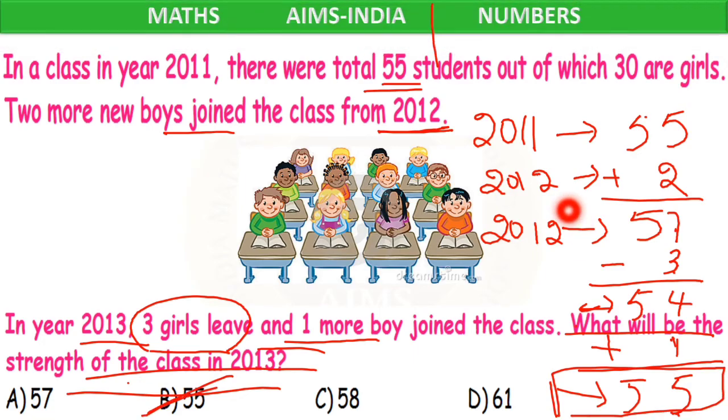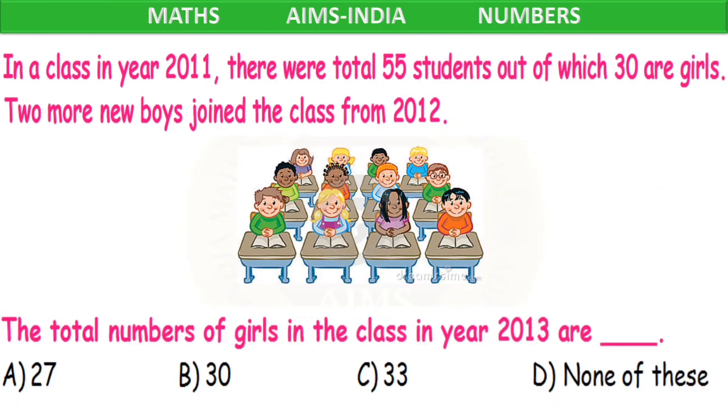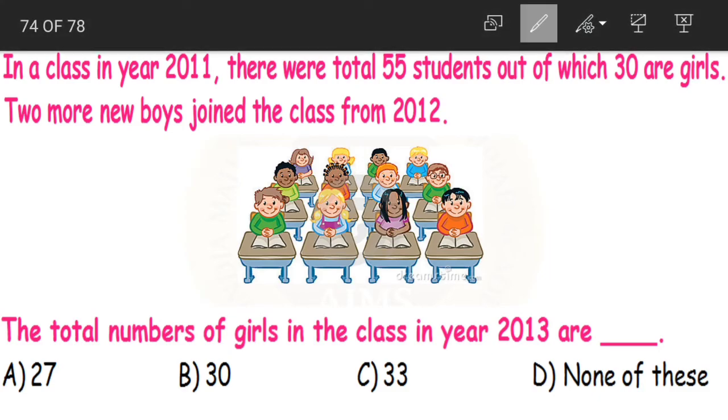See, understand it carefully. In 2011 there were 55 people. In 2012 2 joined. And then in 2013 3 left and 1 joined. So after doing all the addition and subtraction, we are left with 55. That is the total strength of the class in 2013. Next, the total number of girls in the class in the year 2013 are.